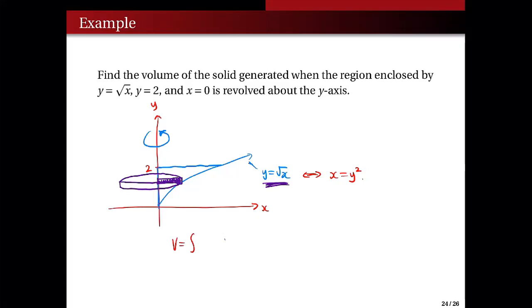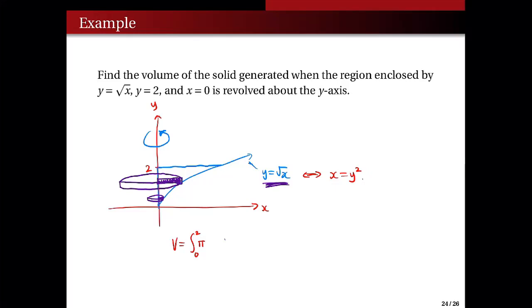Let me draw another disk in here. Say that's your approximating rectangle. After the revolution, you will create this disk. But anyway, the volume will be the integral from 0 to 2 of pi. And what's the radius?